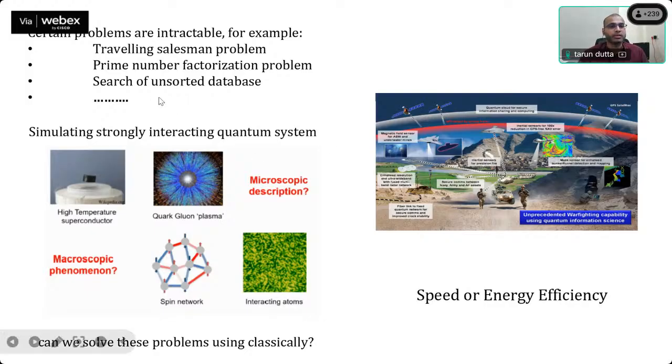Now, other than this so-called problem, there is many body physics, which is not possible at all in a classical computer, because it's many body physics. The well-known problems are phenomena like high temperature superconductivity, or the quark gluon plasma, where you have to handle a many body system, right?